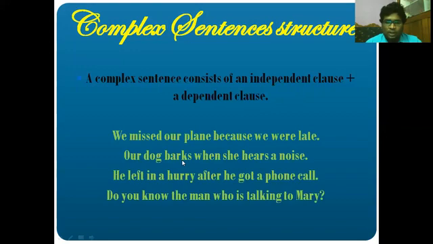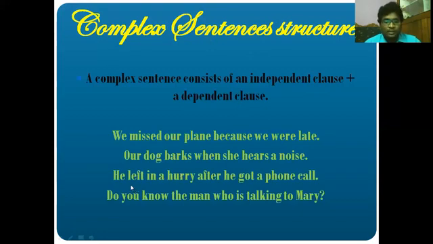So "our dog barks" is an independent clause, whereas "she hears a noise" is a dependent clause. It is dependent on the independent clause. That's the reason we have an independent clause followed by a dependent clause in a complex sentence structure.